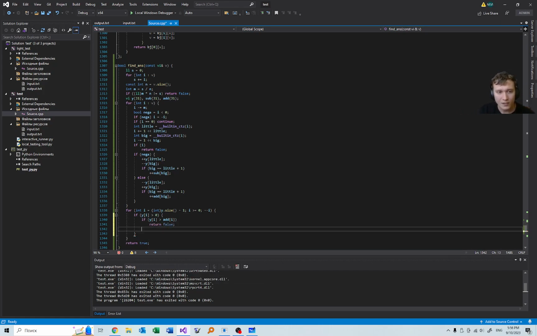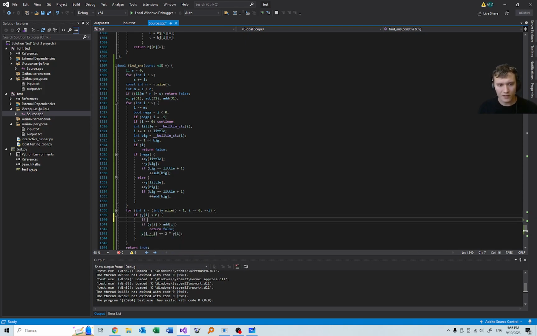Otherwise, now we undo all these things. So we say that yi minus first plus equals 2 times yi, and that's it. So okay, also if I then also return false.